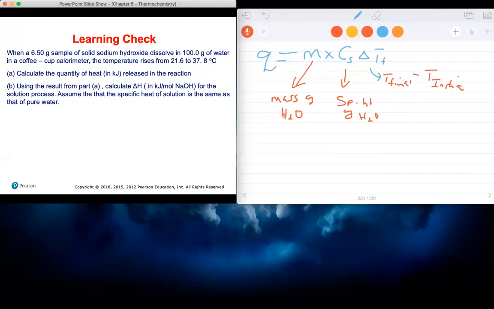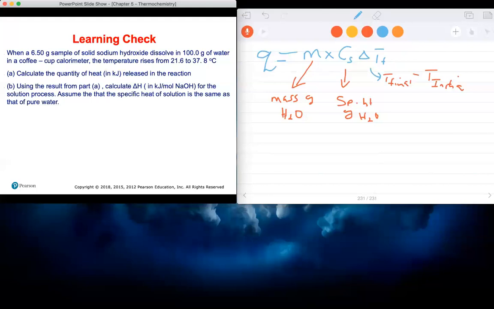Or you could ask me, how do I know all these terms? Well, you will see that even in a neutralization reaction, the specific heat of H2O is used. Even when something dissolves, in this case sodium hydroxide, the specific heat of H2O is used in calculations.